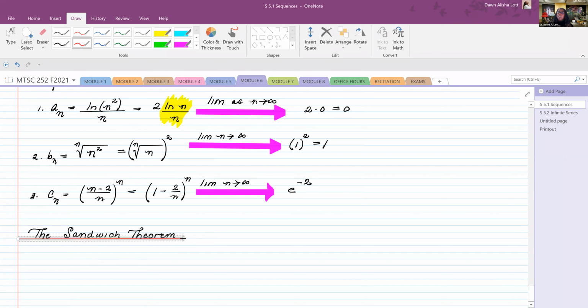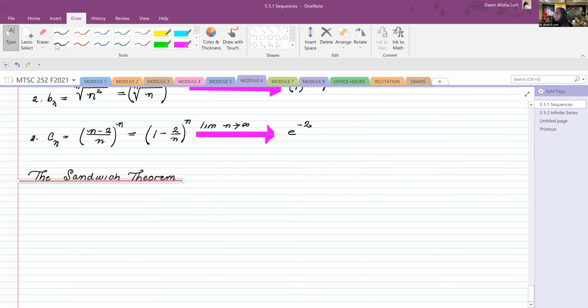It basically says if I can sandwich whatever limit I'm trying to look at between 2 functions and they have the same limit, then it has to be the same. Okay, so let a_n, b_n, and c_n be 3 sequences of real numbers.